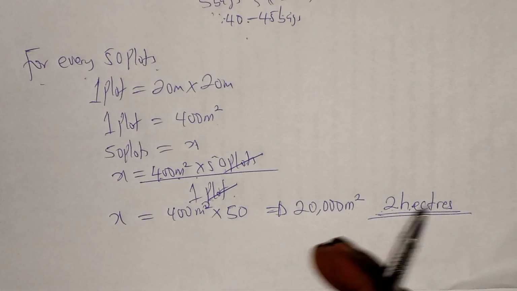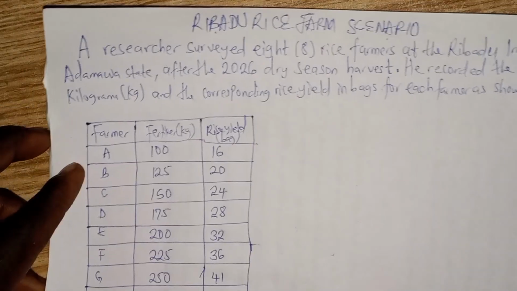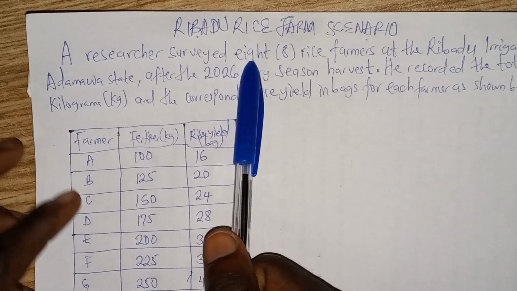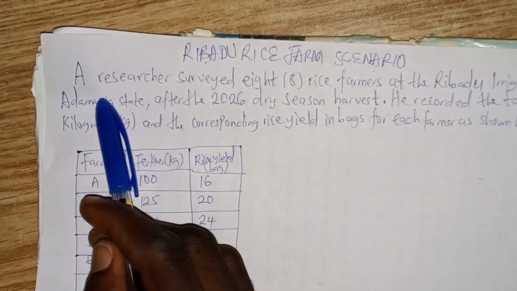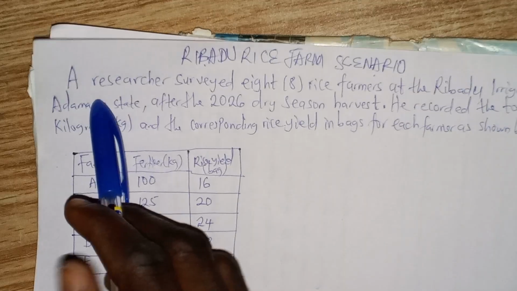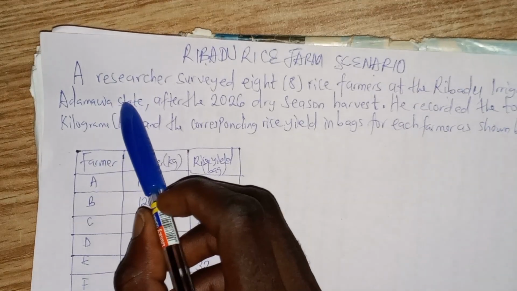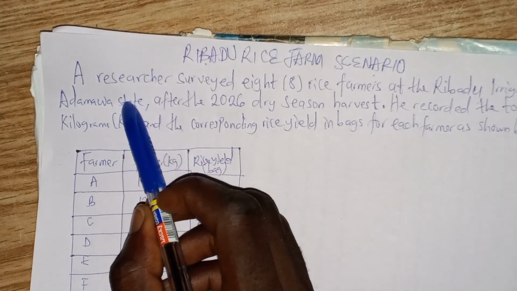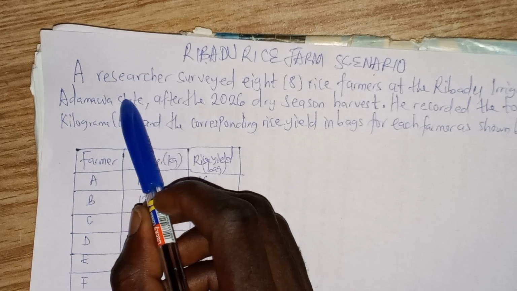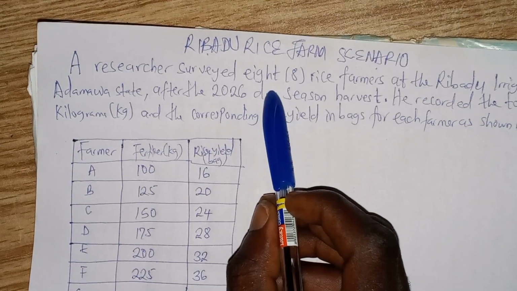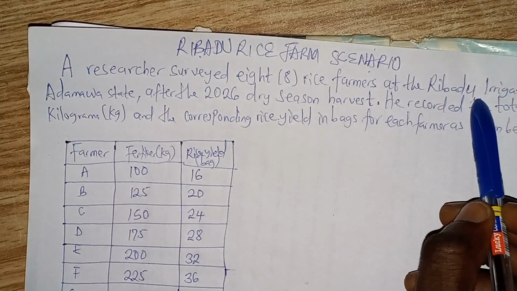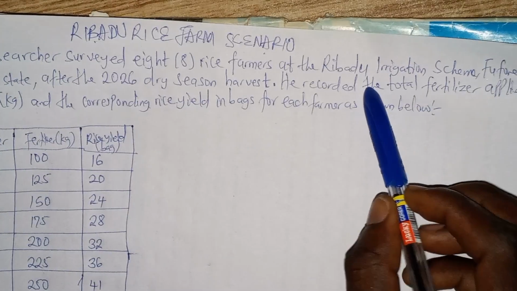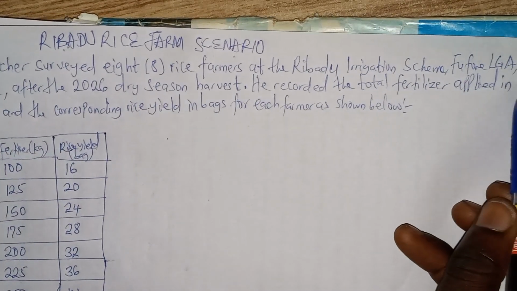Ribadu rice farm scenario. Now consider a researcher. A researcher surveyed 8 rice farmers at the Ribadu irrigation scheme in a local government area of Adamawa State.